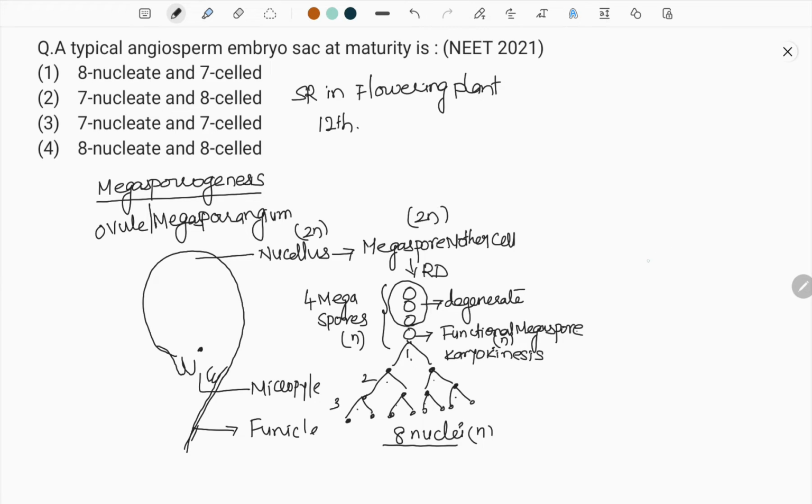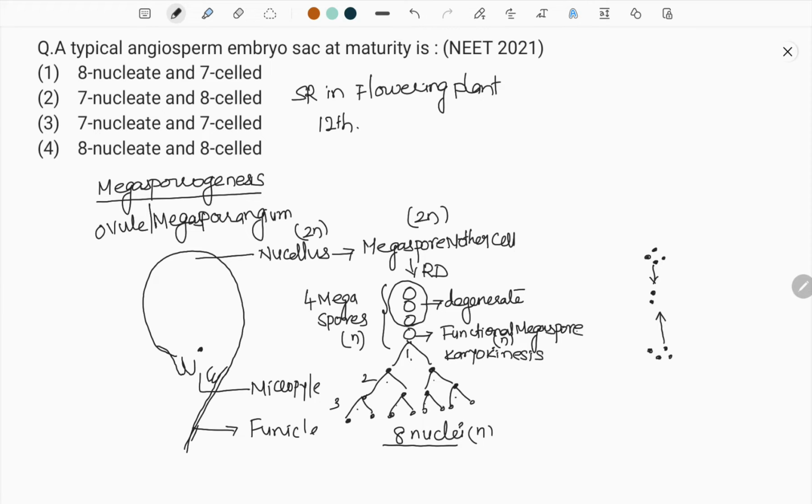These 8 haploid nuclei are arranged in such a way that 4 are in the upper pole and 4 are in the lower pole. Now, one nucleus from the upper pole migrates towards the center and one nucleus from the lower pole migrates towards the center.